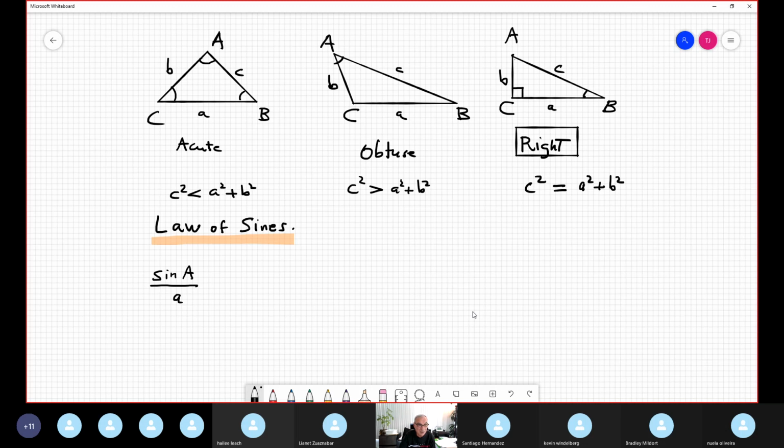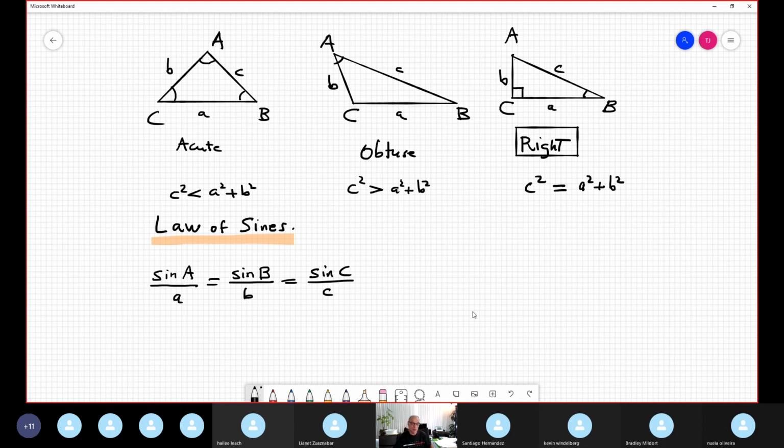It is the lowercase a side. Equal to sine of B divided by B, equal to sine of C divided by C. Wow, fantastic. This formula is the law of sine. We use it every day from today.